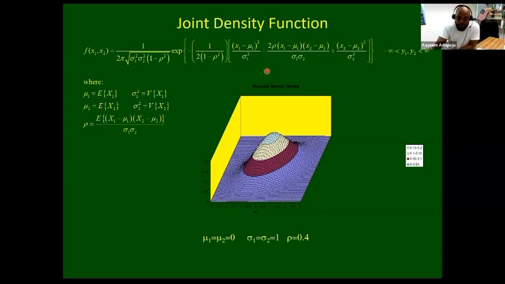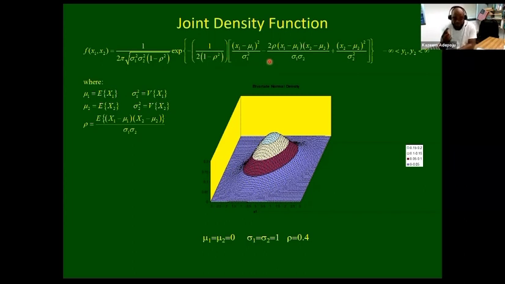Now, some of you may want to ask, what is the significance of a joint normal distribution? Why not just use univariate? Why do I need to represent x1 and x2 in a probability distribution in terms of this? I'm going to tell you now. We get a lot of benefits using the joint.